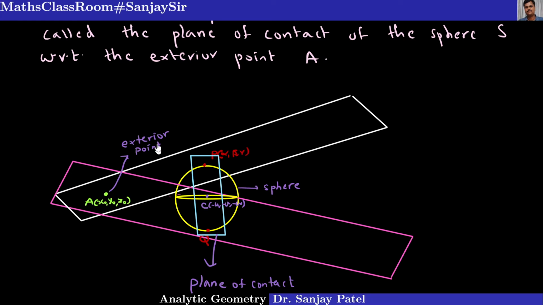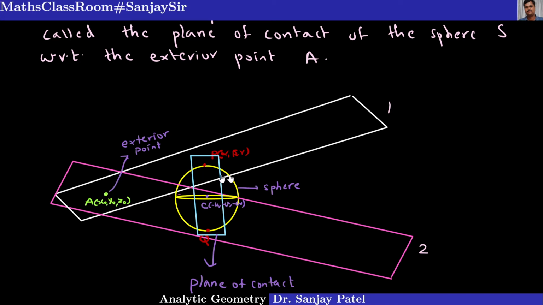Then we can draw many planes which are tangent to the sphere and passing through A. I have shown two such planes. This is one plane and this is another plane. You can draw infinitely many tangent planes which are passing through the point in the exterior.